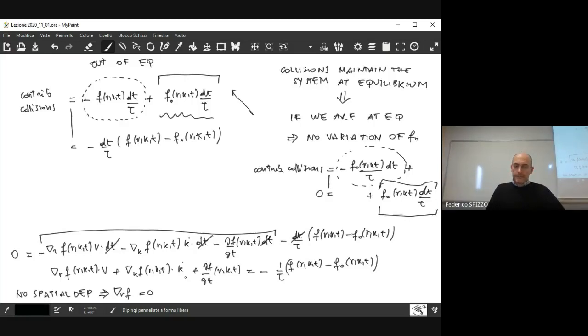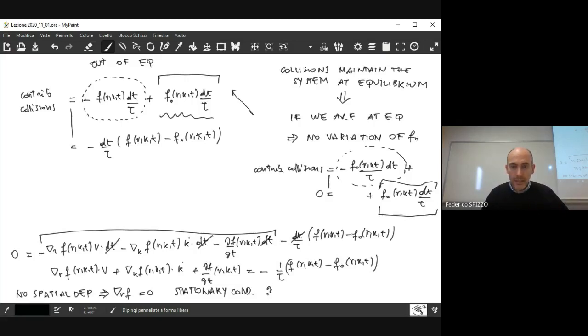Then we are also supposed to be in stationary conditions. Stationary means whatever the shape of the out of equilibrium distribution function, that shape will not change with time.